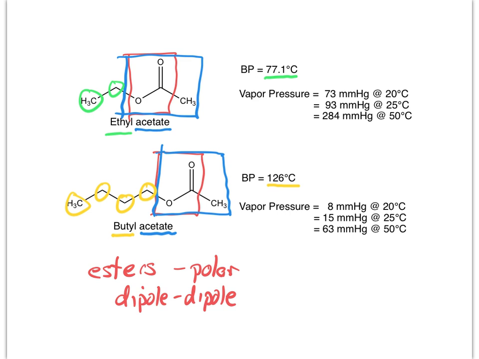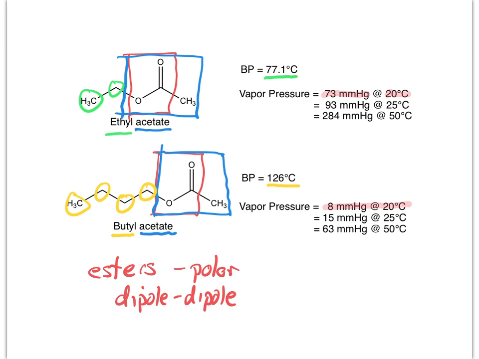If we look here at 20 degrees Celsius, the ethyl acetate has a vapor pressure of 73 millimeters of mercury, while the butyl acetate only has a vapor pressure of about 8 millimeters of mercury at the same temperature.